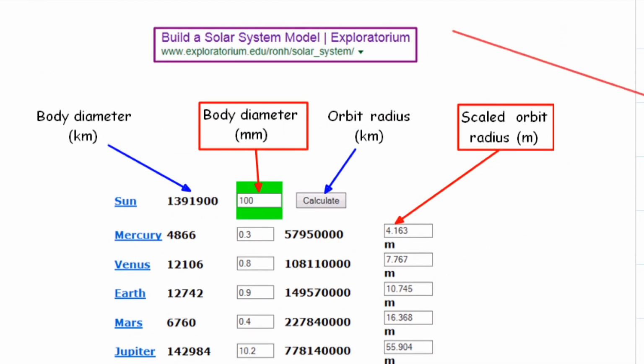So we are getting the relative sizes of the different planets if we chose a scale for the Sun to be 100 millimeters, which is 10 centimeters.